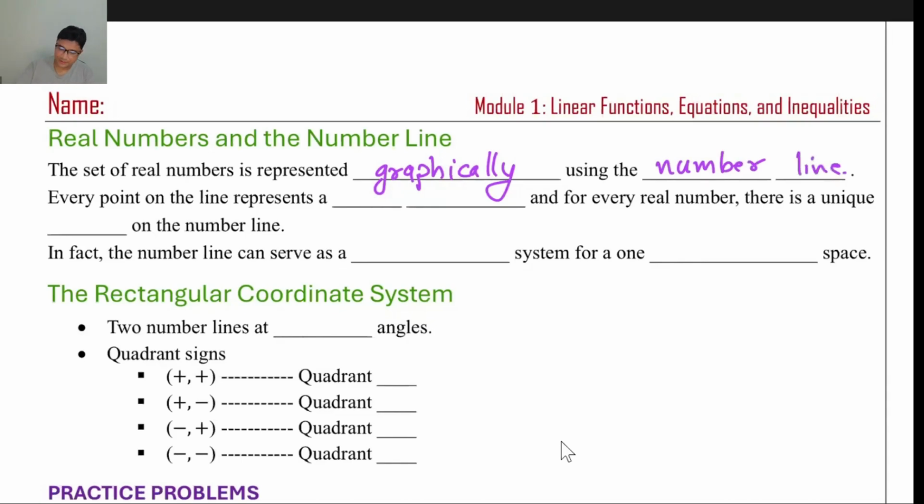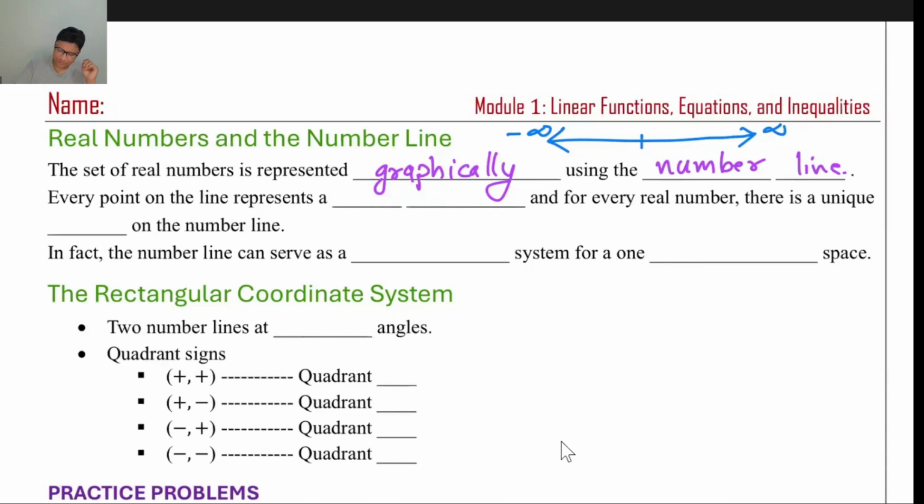And what's a number line? It's very simple to draw. Negative infinity, by the way, that's the notation for infinity, positive infinity. And that line, with arrows indicating that they continue forever, and everything in between, that's called the number line.